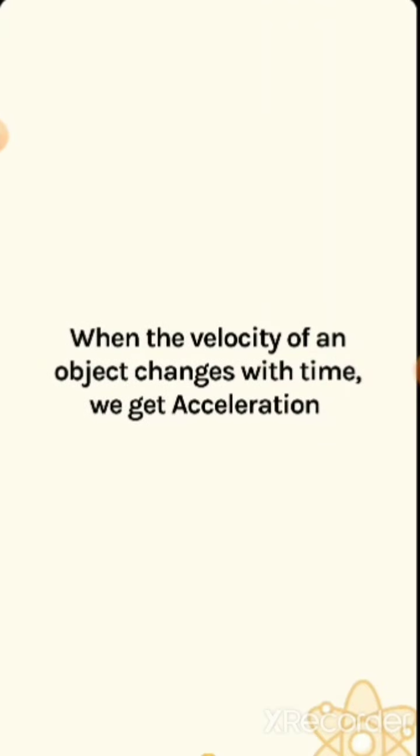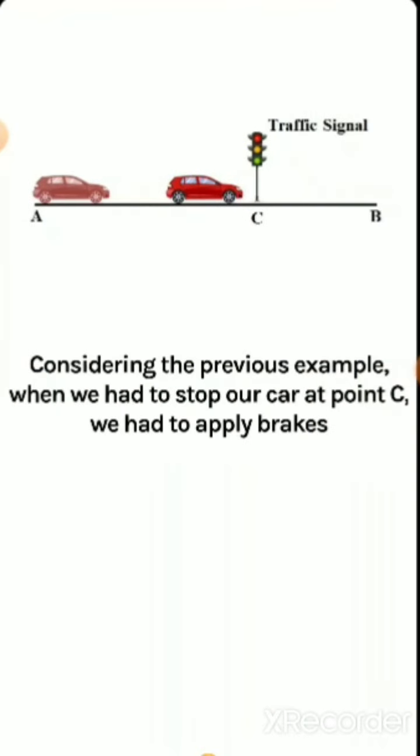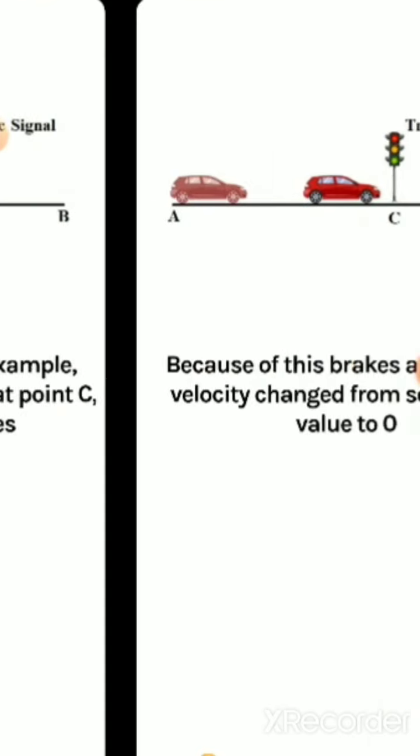When the velocity of an object changes with time, we get acceleration. Considering the previous example, when we had to stop our car at point C, we had to apply brakes.